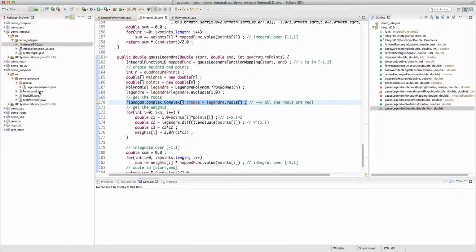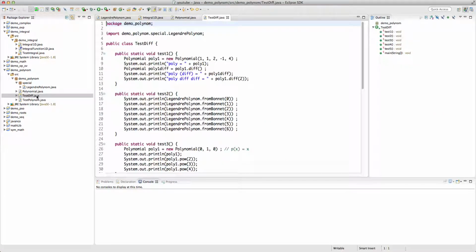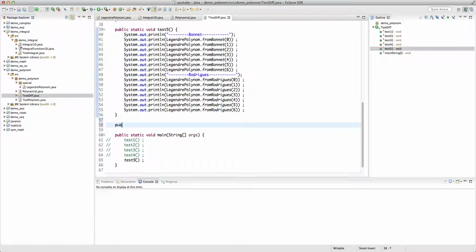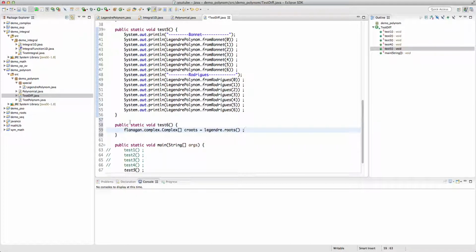Actually test diff, public static void test 6, for example, and then Legendre polynomial, let's say we get the 6th degree, and we get the root, all right?